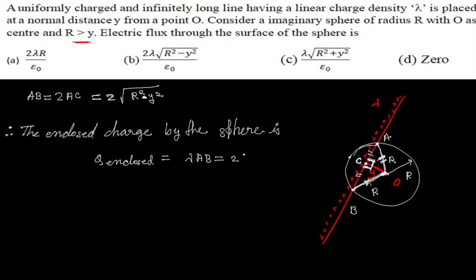So we can write 2 lambda under root of R square minus Y square. So this is the enclosed charge.